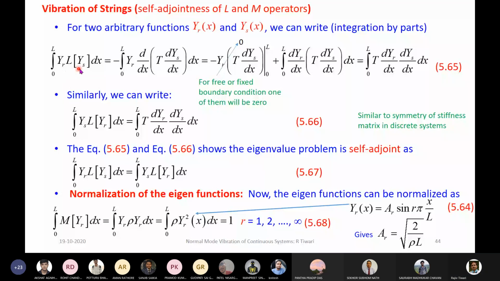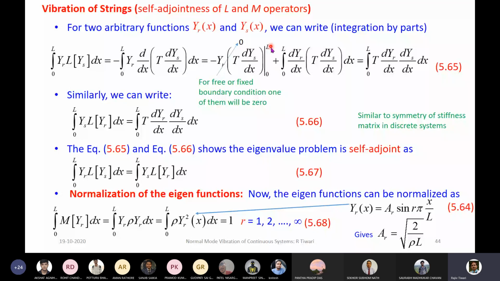If we do the integration by parts of this, we can put the L operator here, and when we substitute the L operator, the minus sign is here. Taking yr as the first part and this as the second part, this will remain as it is. Then the integration of the second part will give us this limit 0 to L, plus the differentiation of this and the integration of this.